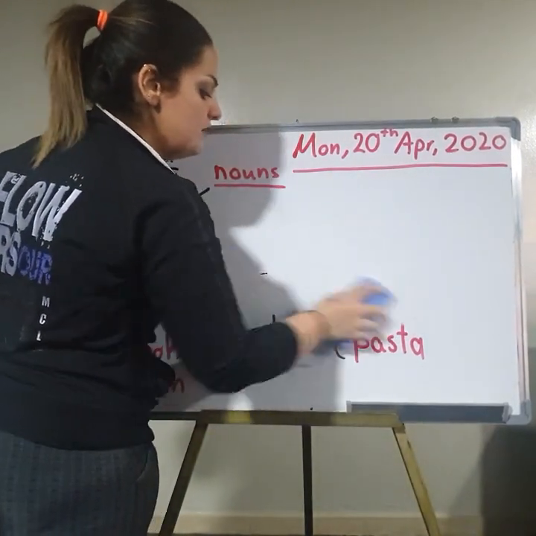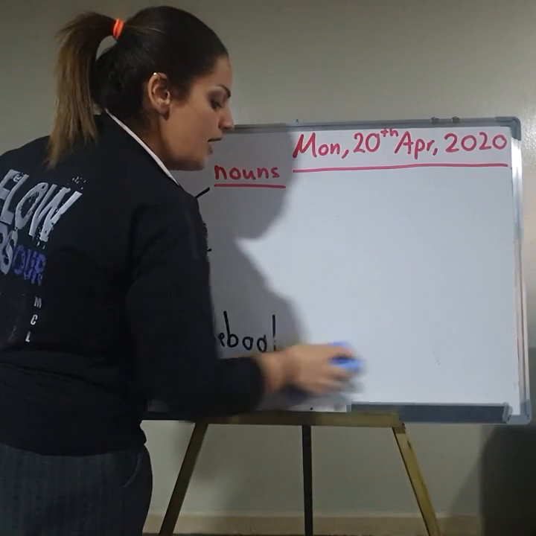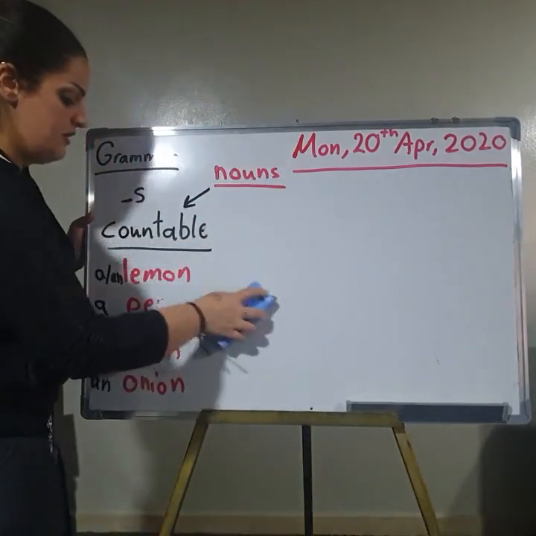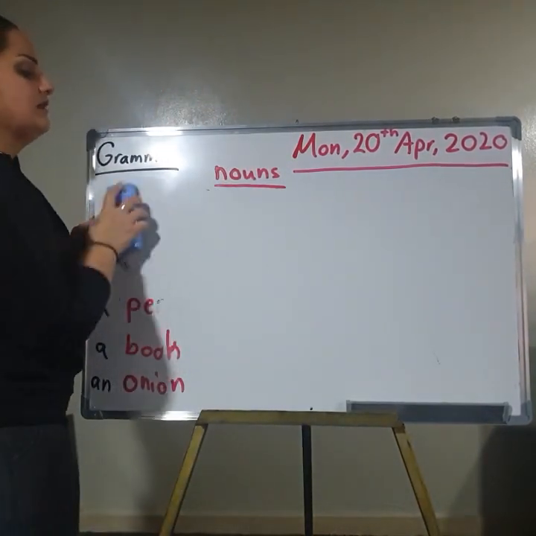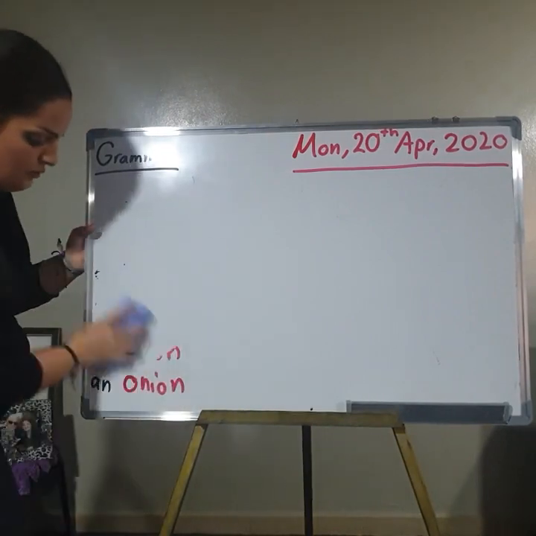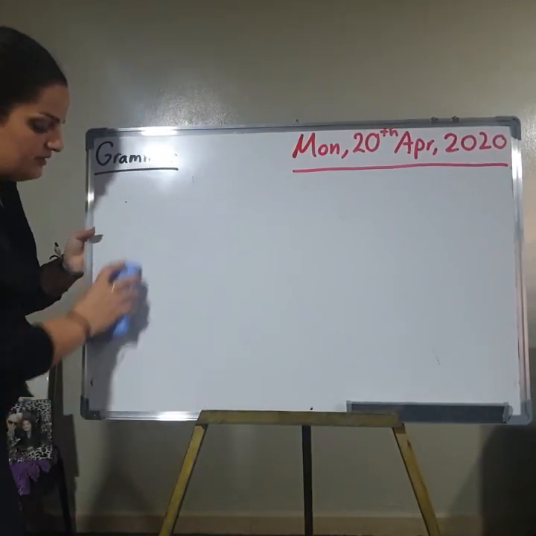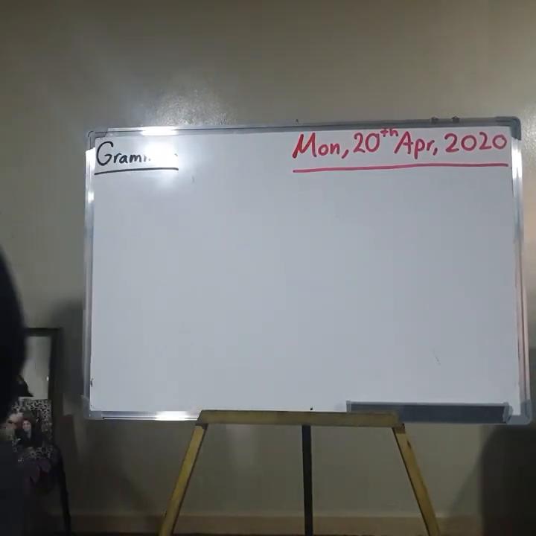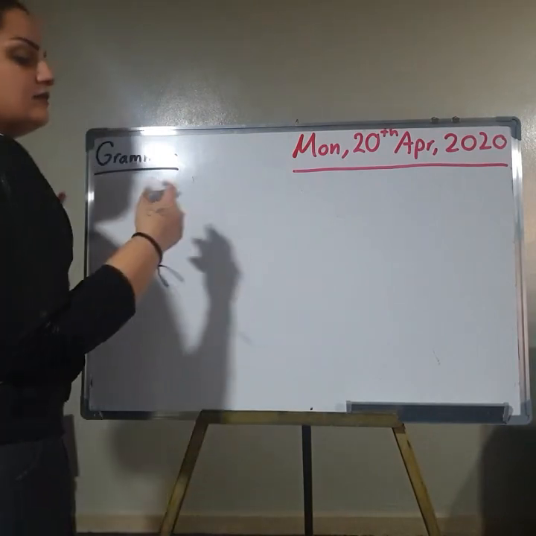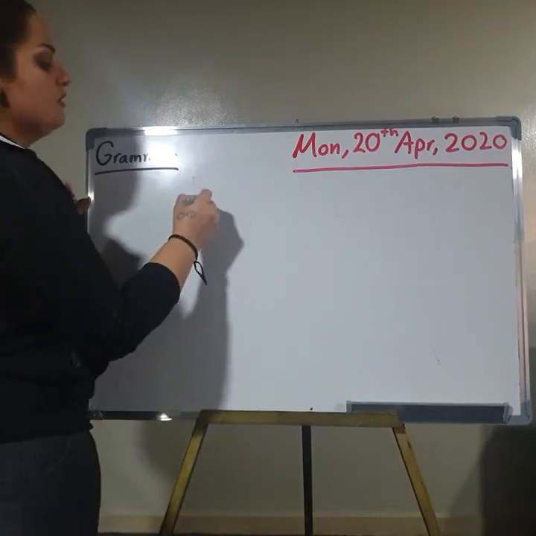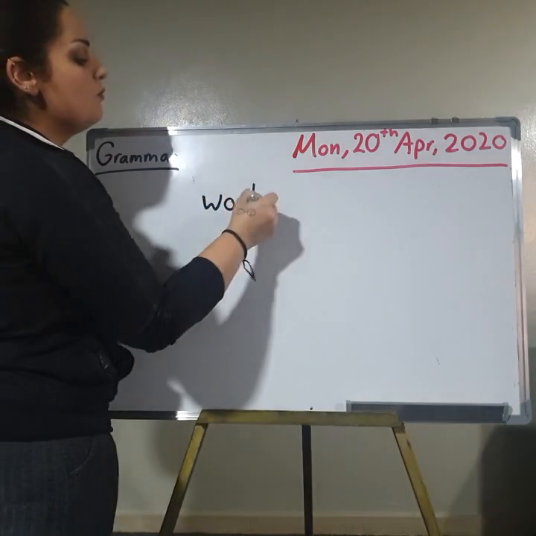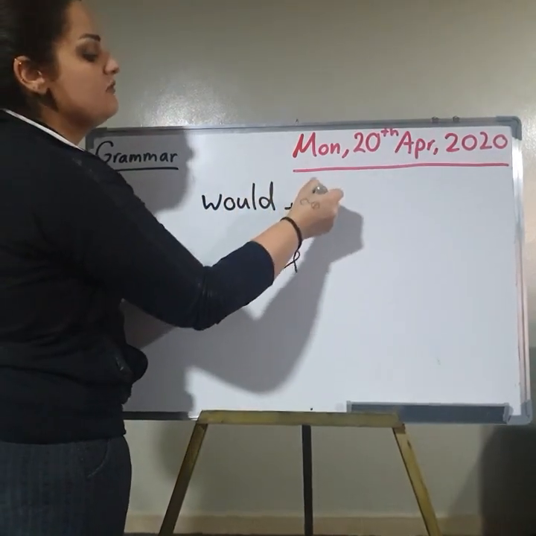The second thing is, I want to teach you how to ask for something you want politely, in a polite way. The affirmative way of asking for something. If you want to ask for something, you use would and you use like.